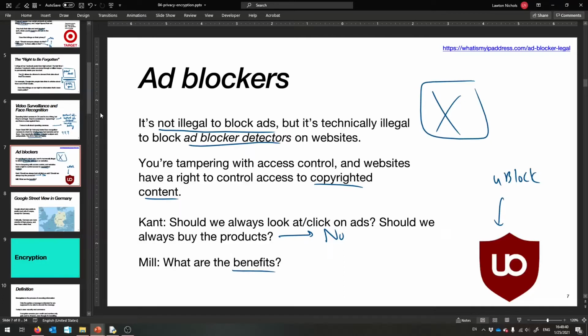And then Mill, a utilitarian, would probably think about the benefits. What is the utility of all this stuff? So for the user side, you would maybe have fewer pop-ups, like fewer little ads that make your life a whole lot worse on the internet. Fewer pop-up ads, which we all hate, and there's more real content now. I don't have to train my eye to figure out what is real, what is just an ad.